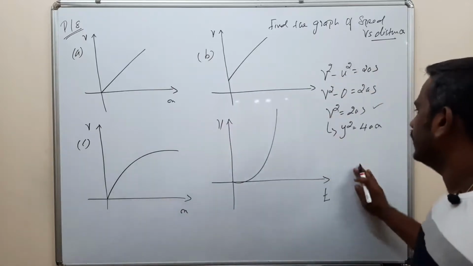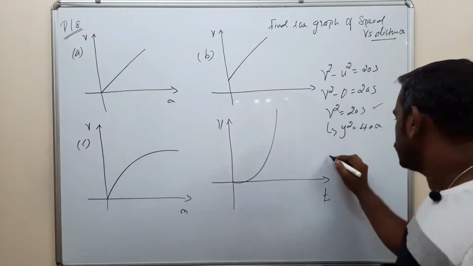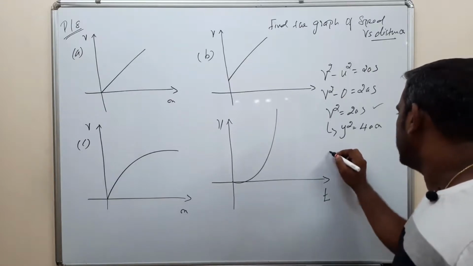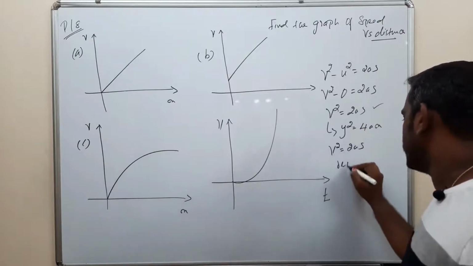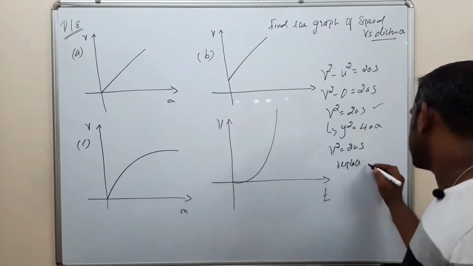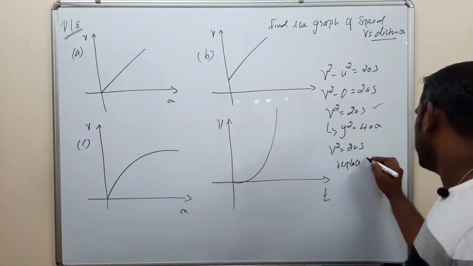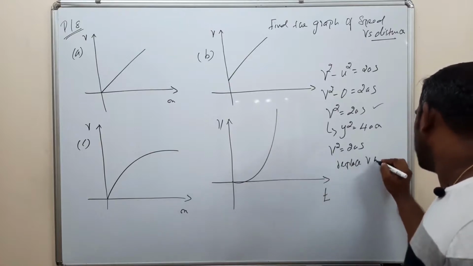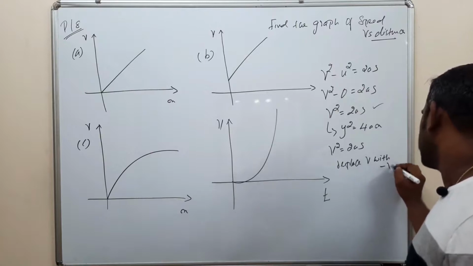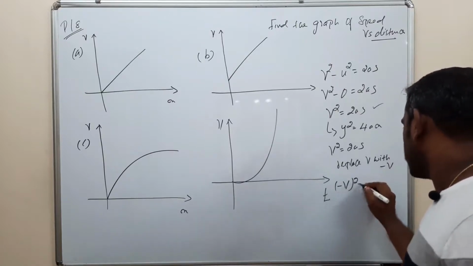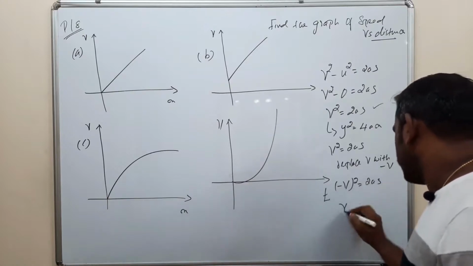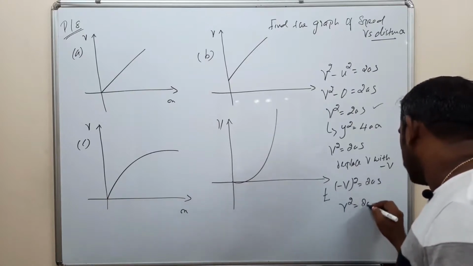So v square is equal to 2as. Replace v with minus v. So minus v square is equal to 2as. Again we are getting v square is equal to 2as.